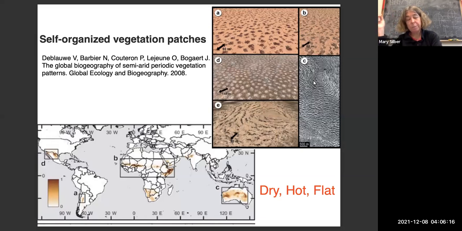So they had a lot of things, but I think some of the main takeaways I want to highlight is that I associate this with regions that are not only dry, but hot and flat. And there's probably additional things as well, but I want to just highlight those three.